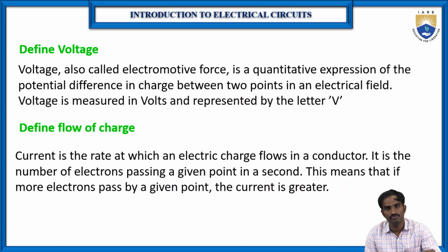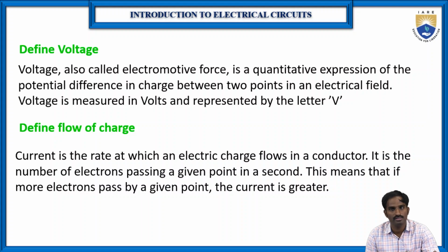If more electrons are passing through a point, it means more current is flowing through that particular point or conductor. So the current depends on how many electrons pass through a given point in a second.